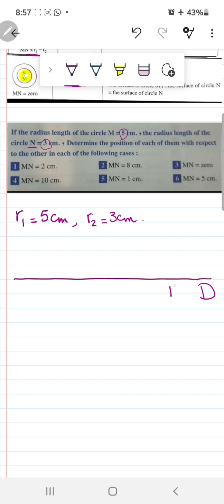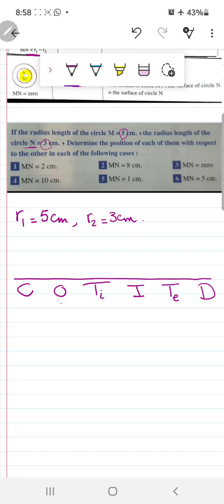Write D T T O C. D means distant, T means touching externally, I means intersection, T means touching internally, O means one inside the other, C means concentric.